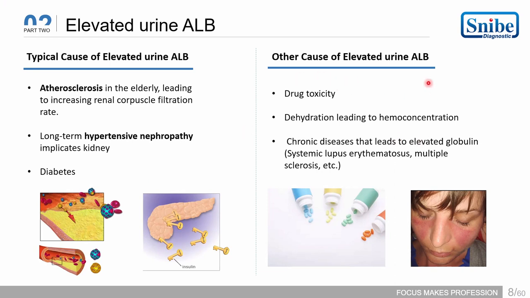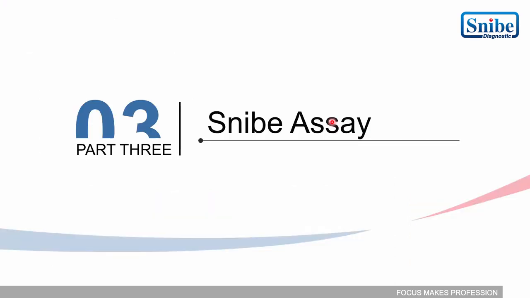Other causes of elevated urine albumin are drug toxicity and maybe some dehydration leading to hormone concentration. Some chronic diseases, systemic lupus erythematosus and multiple sclerosis, may lead to an increase in the globulin levels.